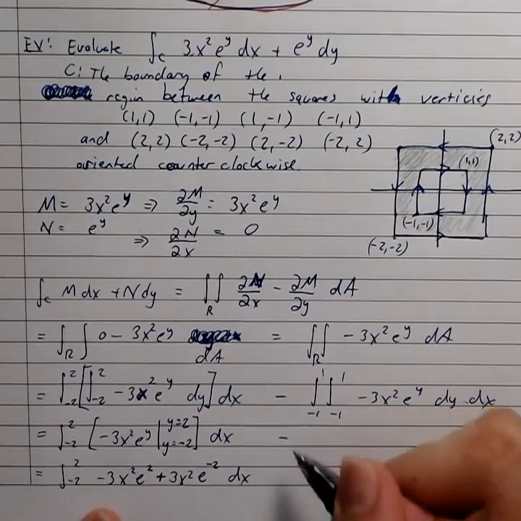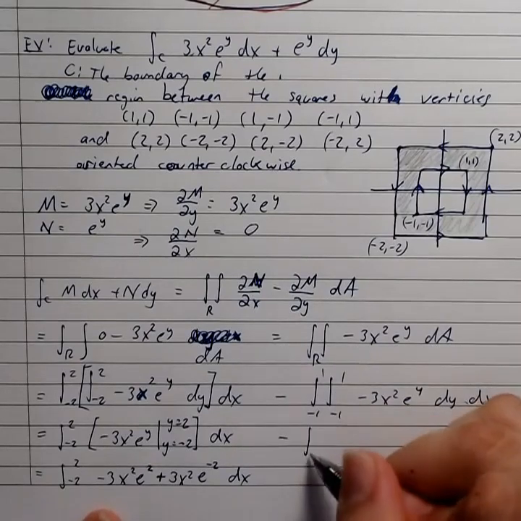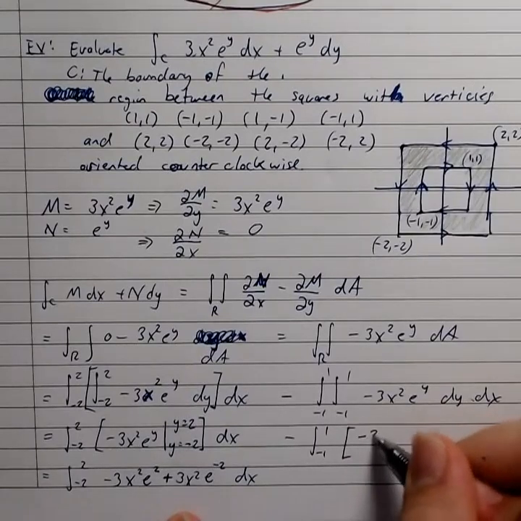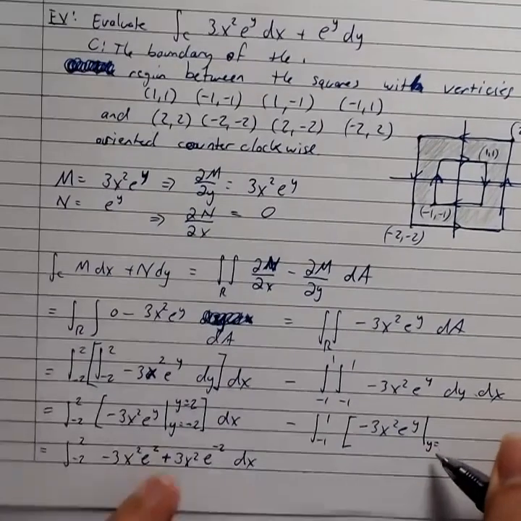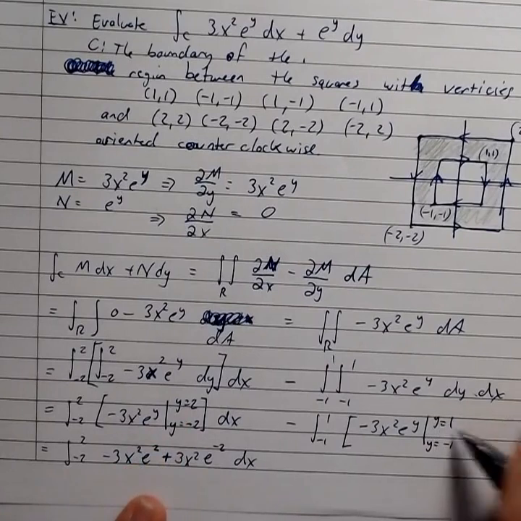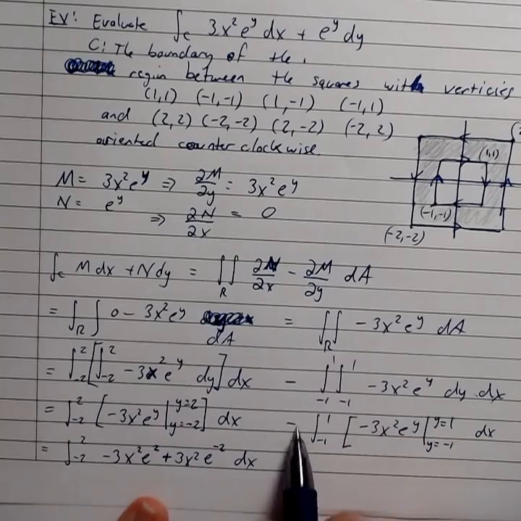dx. And I can do something similar over here. In fact, it's going to work out exactly the same except for the boundaries. So this is the integral from minus 1 to 1 of minus 3x squared e to the y. But now instead of from minus 2 to 2, my y value goes from minus 1 to 1. If I substitute both of those in, I get, well, let's see here, minus a minus.